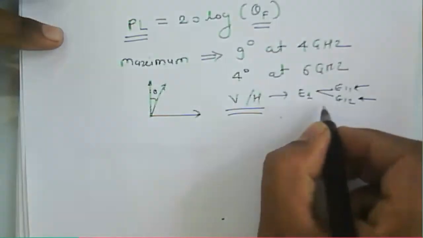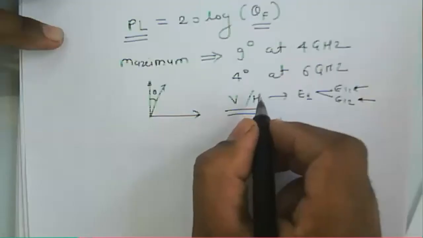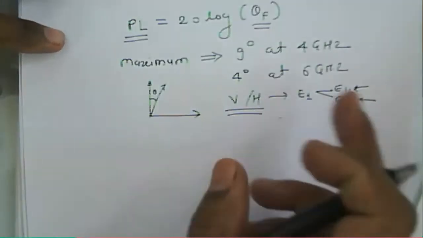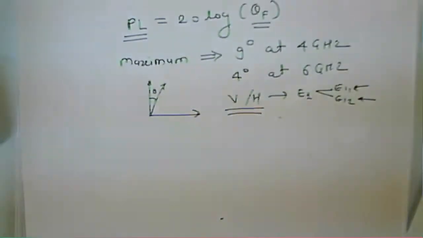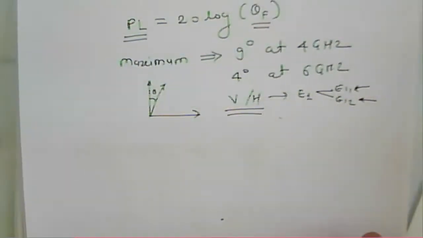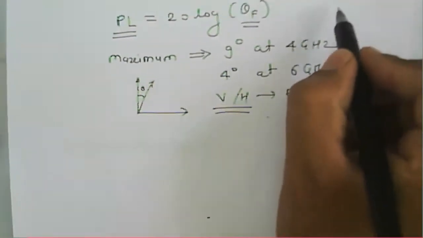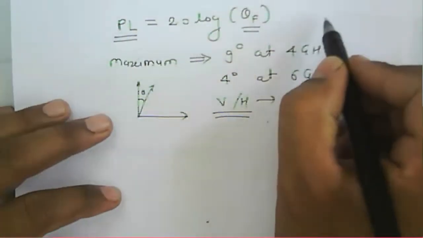And why does this depolarization occur? Because of raindrops, or you can say rain or ice there. Whatever the rain, we say that it has a non-spherical shape.